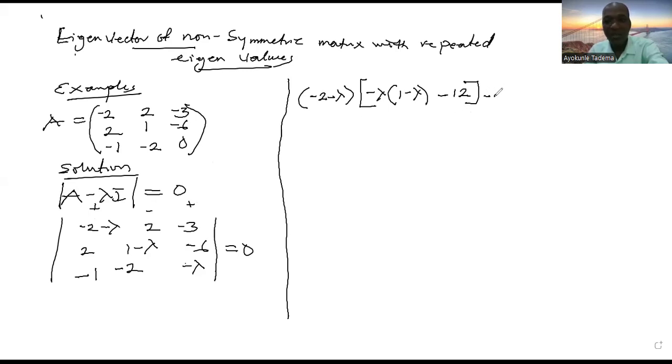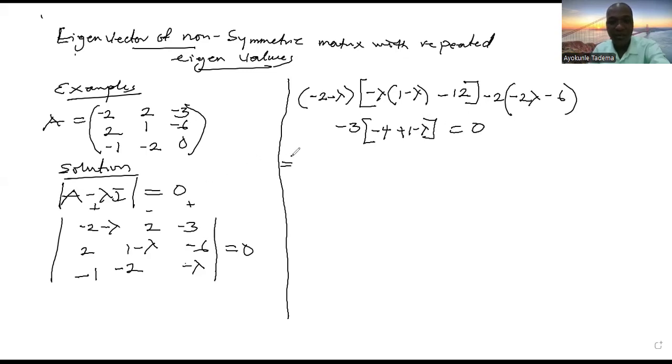We have -2, open brackets; you cover this row and column, and you have 2 times minus lambda, which is -2 lambda, minus this 1 times 6, which is -6. And lastly, you have -3, open brackets. You cover this, and you have -4 minus this one times this, minus times minus, plus 1 minus lambda, close bracket.